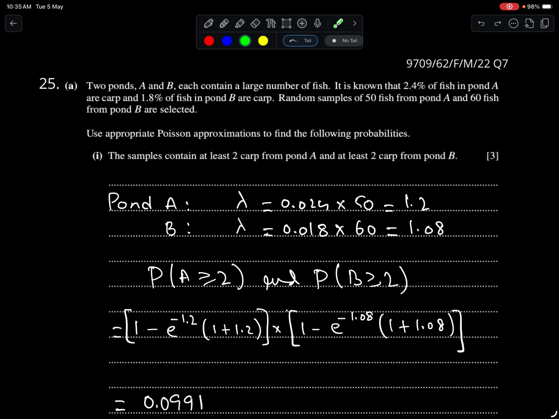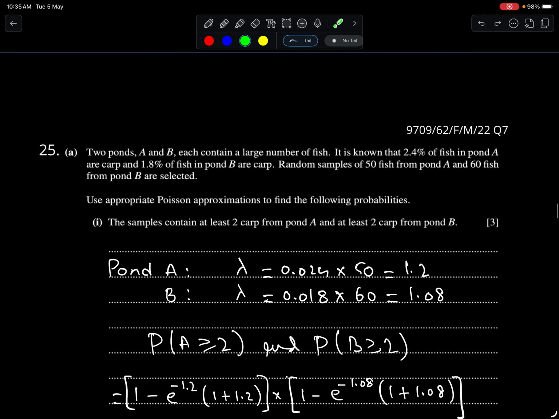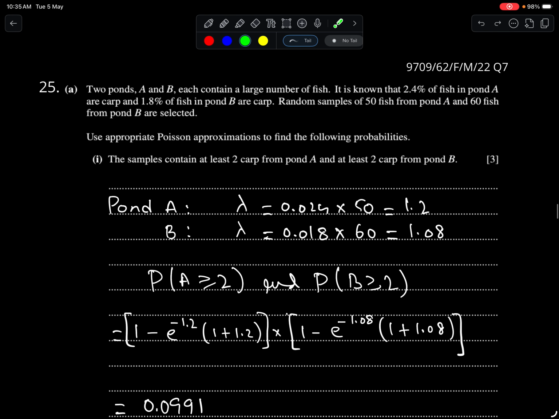So this is basically a binomial model. For pond A, you can write a binomial with p 0.024 and n 50. So two binomial models, and we get lambda using np.